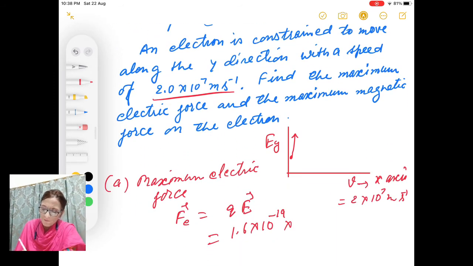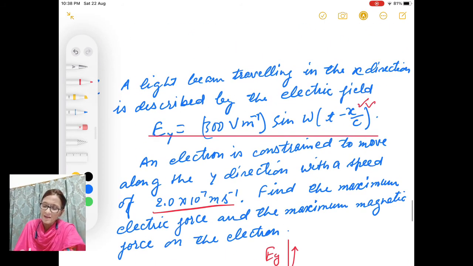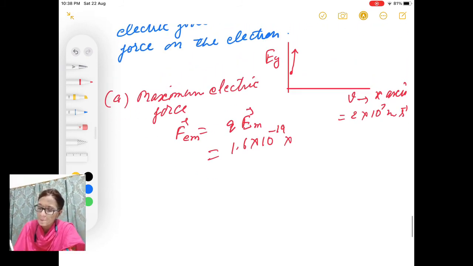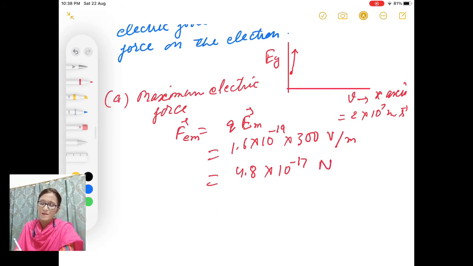We need to find the force amplitude, the maximum force, so we need to take the maximum electric field. And here this value given is 300 volt per meter. So this comes equal to 4.8 into 10 to the power minus 17, and force has unit Newton. So this is the maximum electric force.